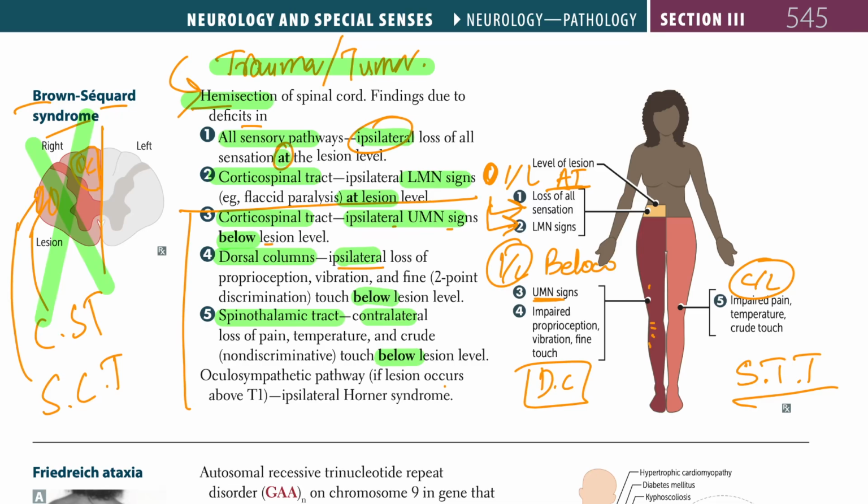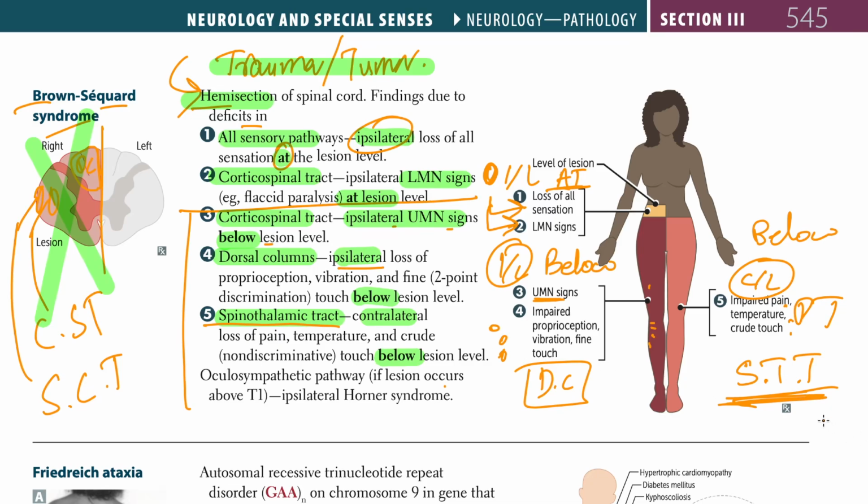On the other hand, contralaterally below the level of the lesion, they will have loss of the spinothalamic tract, which is impaired pain, temperature, and crude touch. Ipsilaterally, they will have impaired fine touch, proprioception, and vibration. And that's Brown-Sequard syndrome.